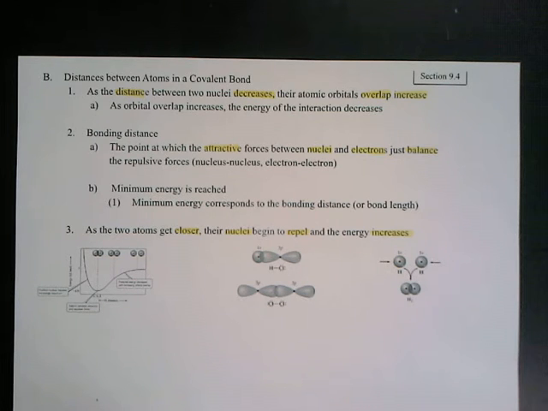But if you don't get close enough, they won't be able to share. So you have to have this happy medium of where those atoms are in comparison to the other atom to allow for that sharing to happen.